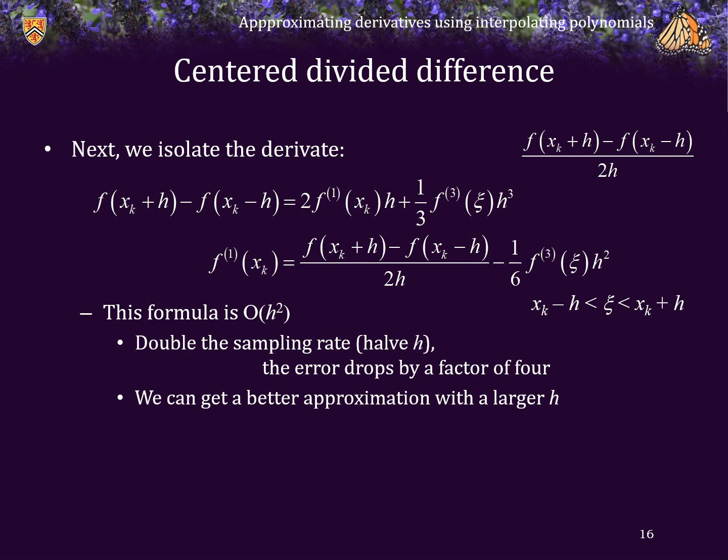Consequently, if we can get a better approximation with this formula than the previous one, that also means there's less impact from subtractive cancellation, because you'll recall that subtractive cancellation is caused by subtracting numbers that are too close to each other. However, if h is larger, then the values are going to be different, and not only are we evaluating with a larger h, but the points are also further apart. So again, the differences are going to be larger.